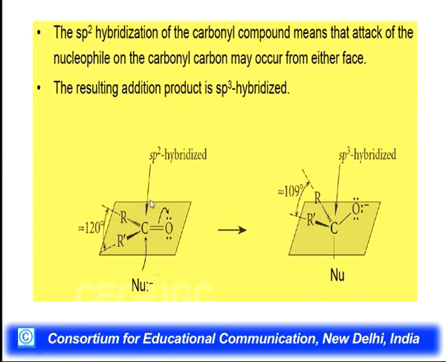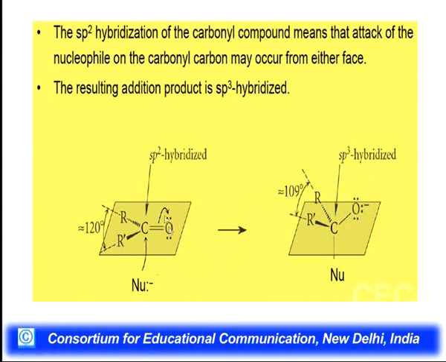When a bond formation takes place here, this goes from an sp2 hybridized to an sp3 hybridized carbon, which is an alkyl oxide ion here. Then this oxygen reacts with a proton to give us a product.